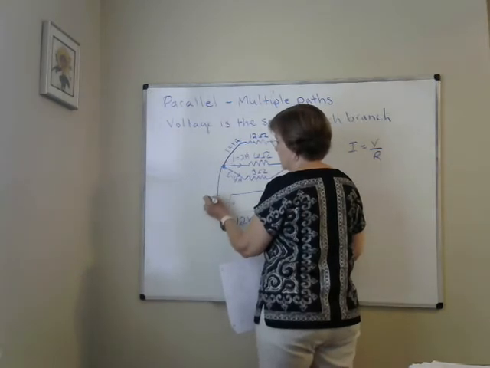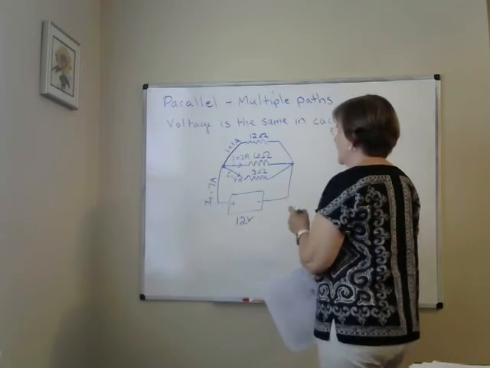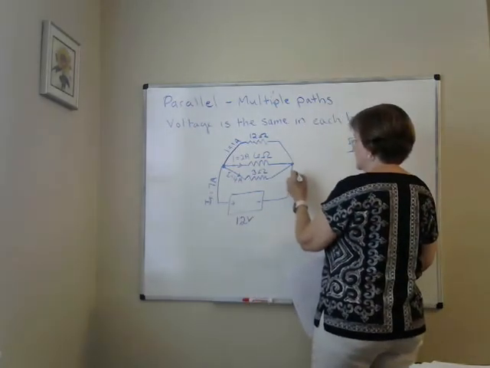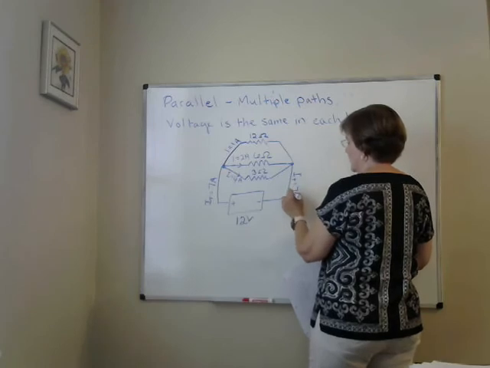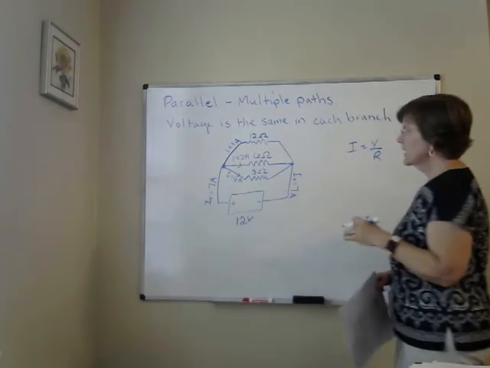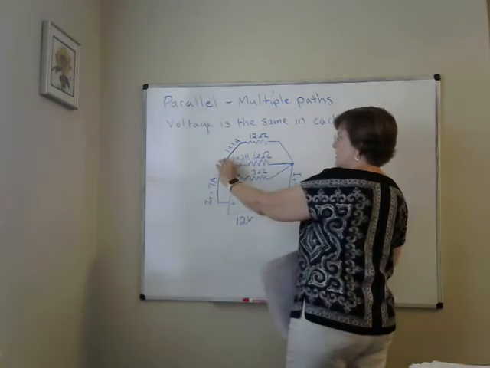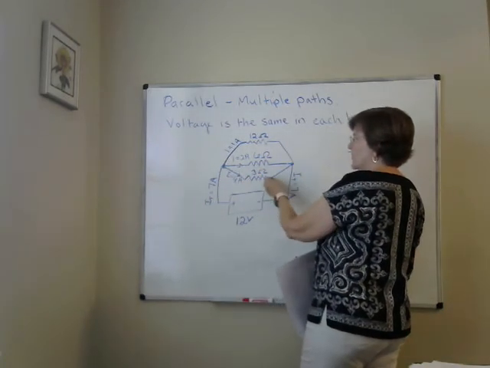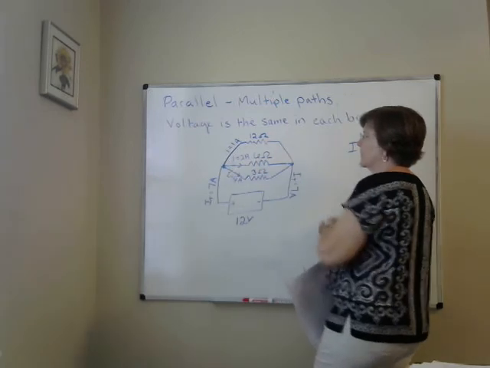If I do a total, leaving the battery, I have 7 amps total going back into the battery. 7 amps leave, 7 amps go in. But when they reach this junction, they split up. 4 amps goes through here, 2 amps through here, 1 amp through here.